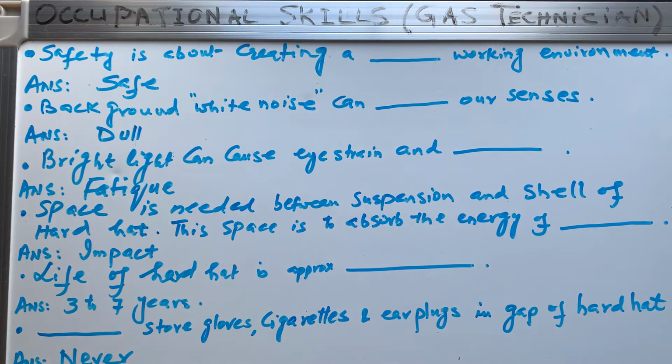We do not wear loose clothing, right? Because it is a hazard. If it is caught by the machinery or a moving part, it will create a serious accident. These types of things are also asked in the exam, but it is a multiple choice question.